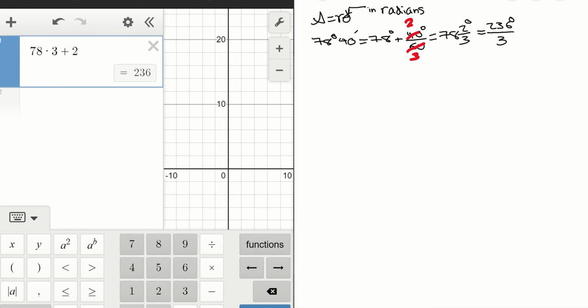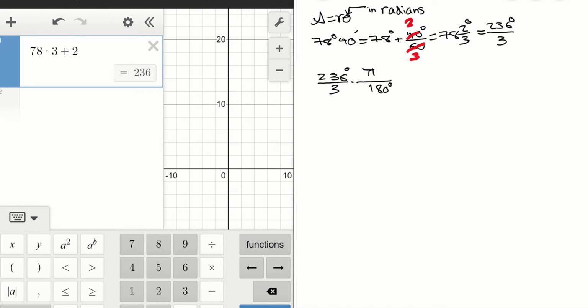Now we're going to take that 236 over 3 degrees, and multiply it by the unit factor required to turn that into radians. And if you recall, that's going to be pi over 180 degrees.